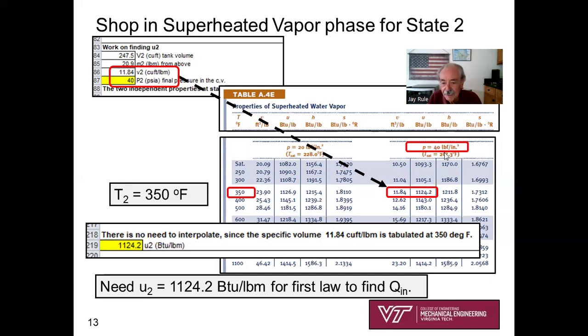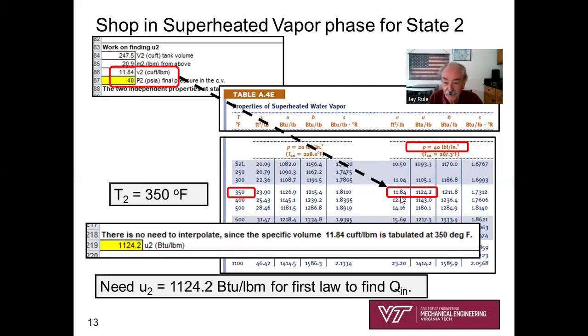I found 40 psi, great. And now I've got to shop around for a v2 of 11.84. I've got to use my eyes. Here's my pick list of specific volumes at 40 psi, superheated vapor phase. And wow, look at this, 11.84 is tabulated. Thank goodness I don't have to do an interpolation.